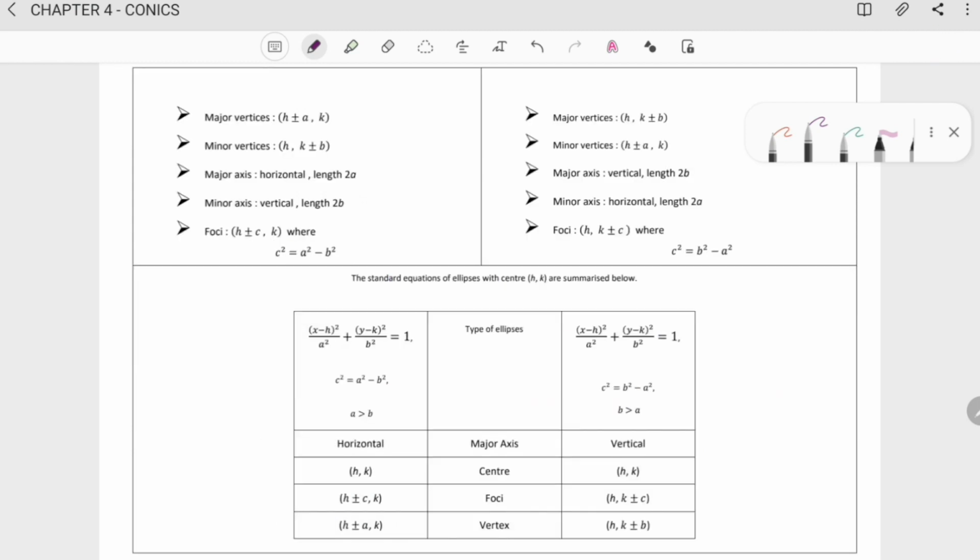Here is the overall summary. This one is for the horizontal, and this one is for the vertical.